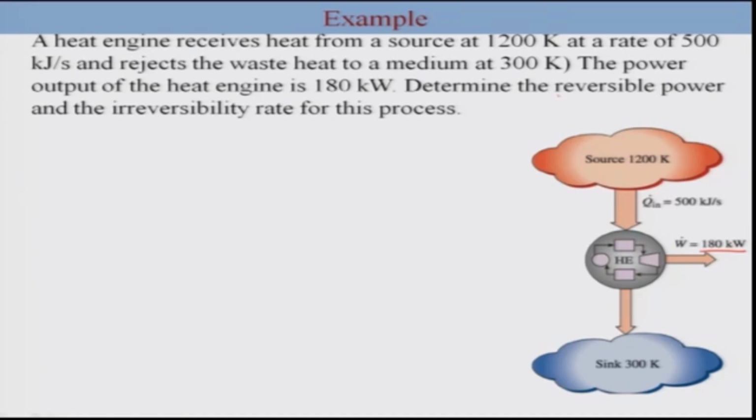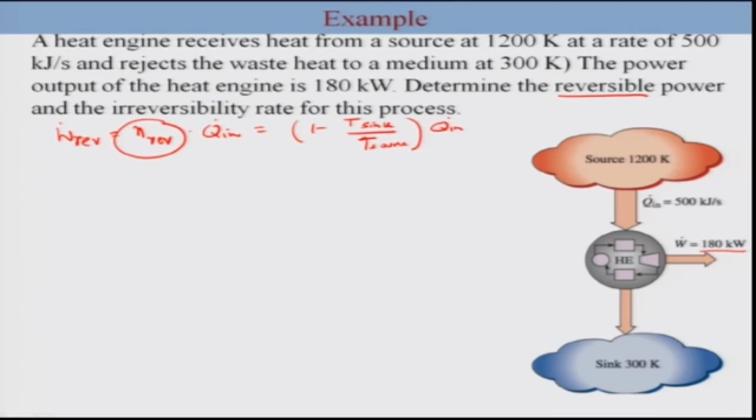So in order to find the reversible power, we simply have to make use of the thermal efficiency for the reversible heat engine multiplied by Q in. Now this is given in terms of your T sink over T source, multiplied by Q in.